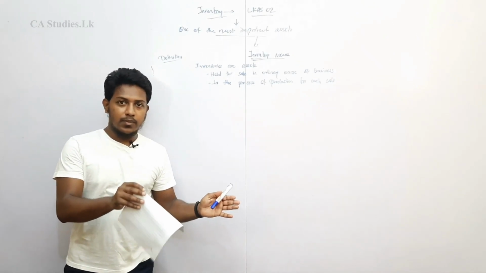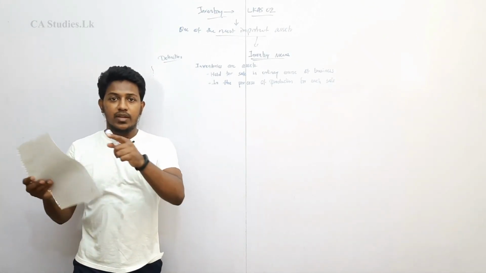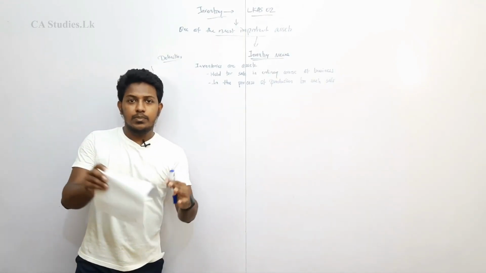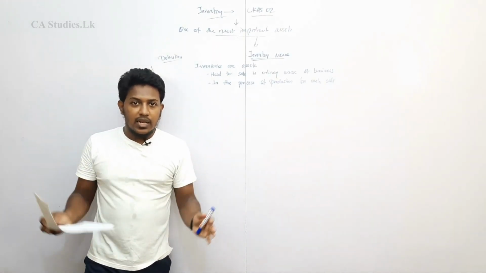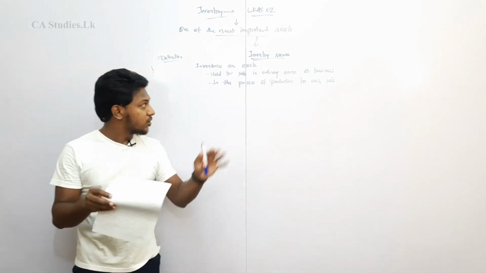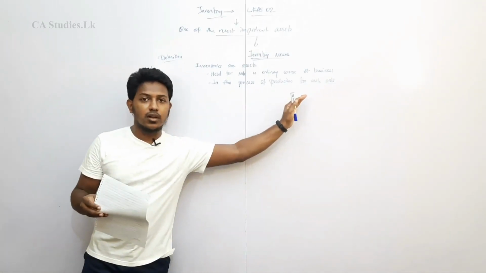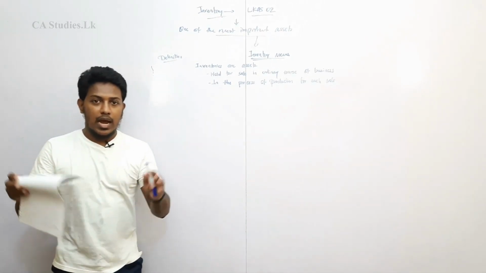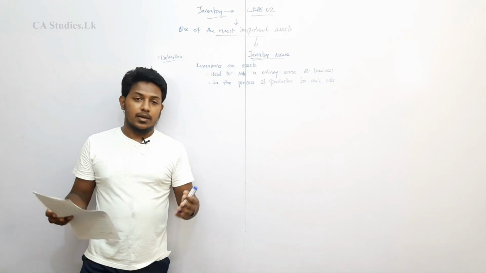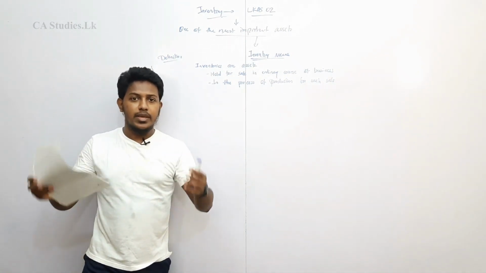Once timber changes to furniture, that furniture will be held for sale. Until it becomes furniture, it will be in the factory in order to change to furniture. That is called in the process of production for such sale. Until the good is finished, that raw material will be in the process.